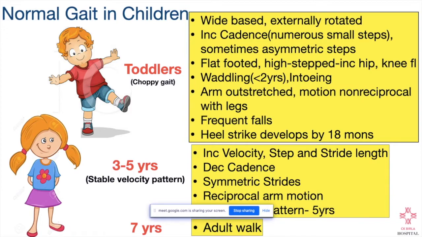This is called the cadence. Cadence means the number of steps per minute. Because of the lack of maturity of the central nervous system, these kids usually walk flat-footed. It may be a waddling gait because the nervous system hasn't matured, and they usually walk with a lot of hip and knee flexion. So that is a normal gait.